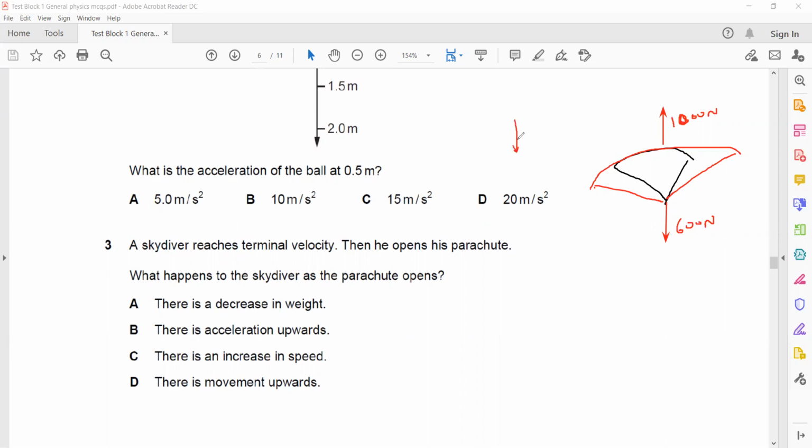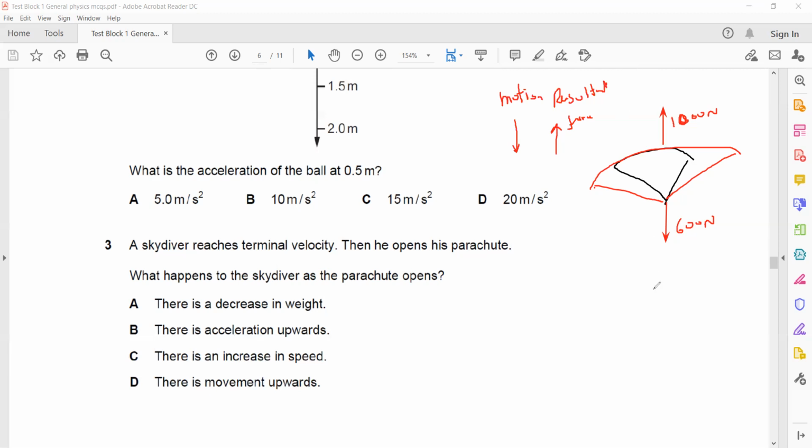Originally the direction of the motion is downward. So if its direction of motion is downward, what is the direction of the resultant force? 1000 up, 600 down. So the direction of resultant force is opposite to the direction of the motion. So whenever the direction of the resultant force is opposite to the direction of the motion, the object will decelerate or slow down.